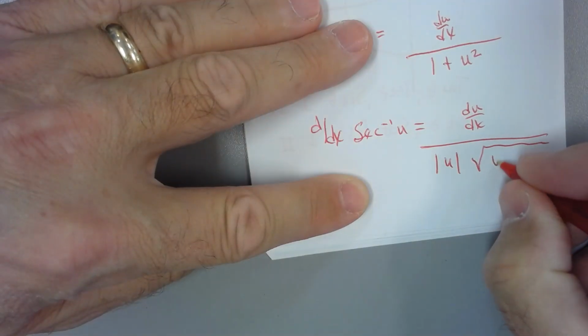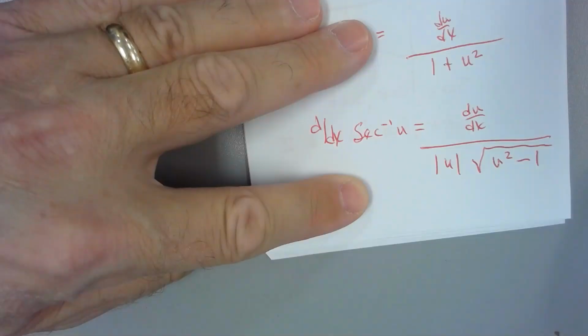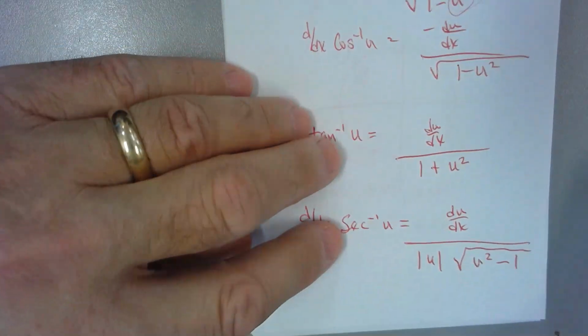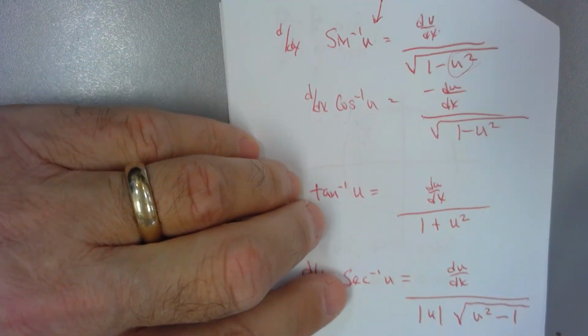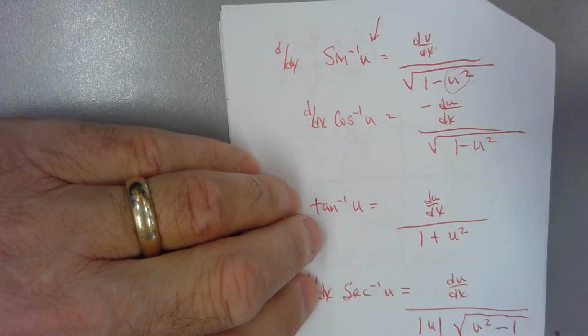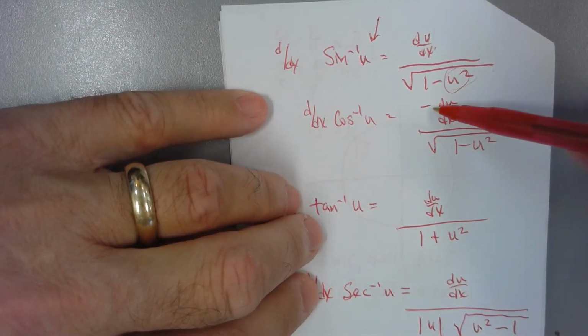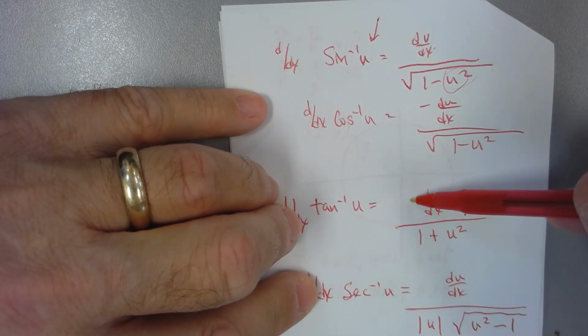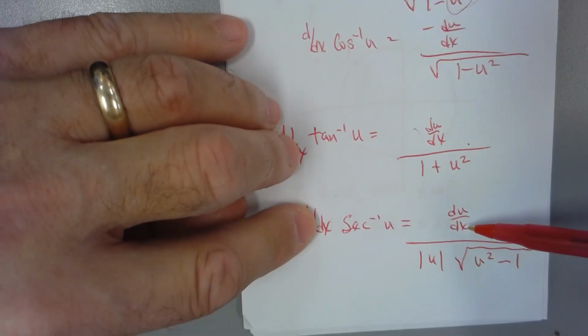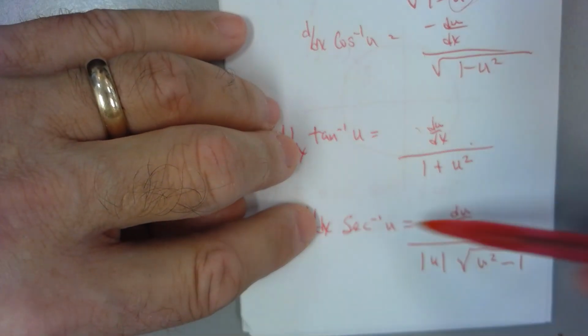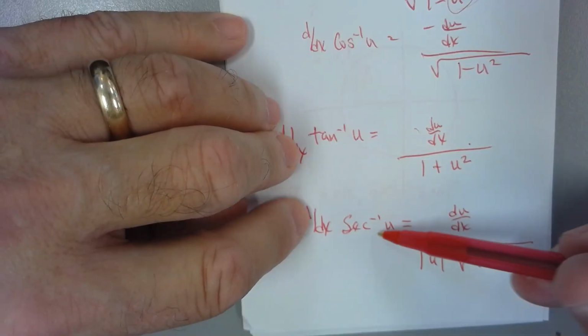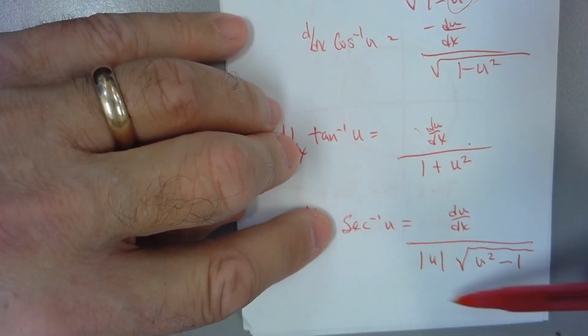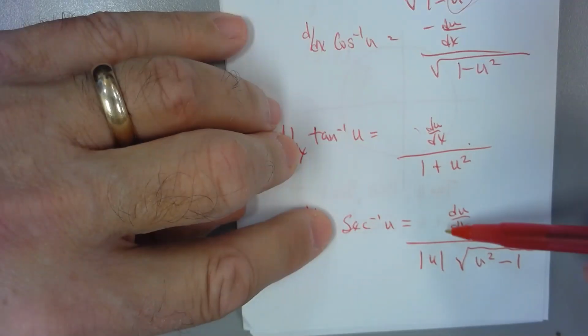Secant is u squared minus 1. Okay, so those three formulas are the ones you need for sine. Cosine is the same thing, but it's negative. Tangent, cotangent is the same thing, but it's negative. And arcsecant, when you take the derivative of arccosecant, it's exactly the same except for it's negative.